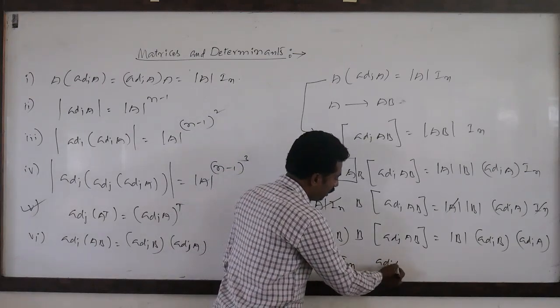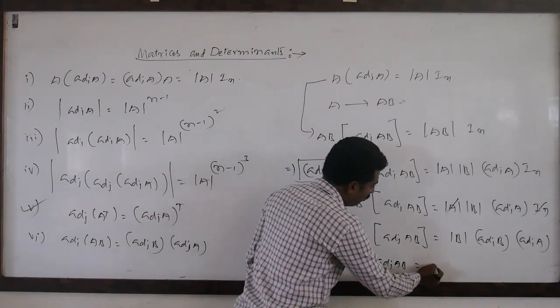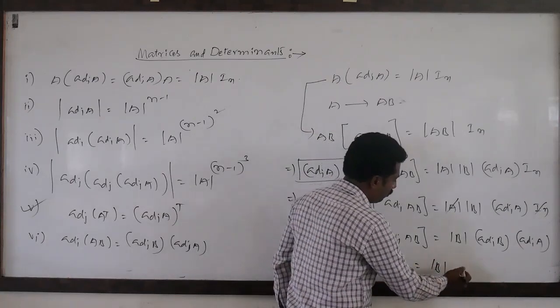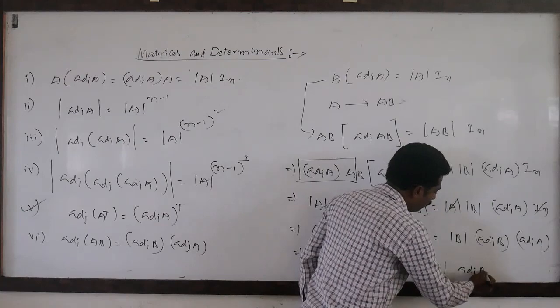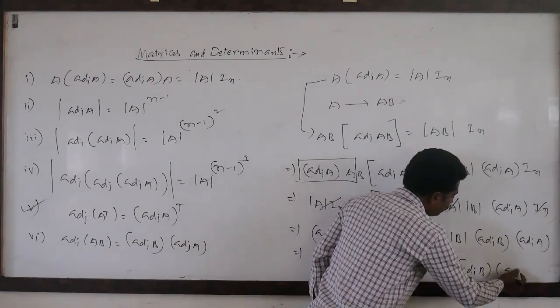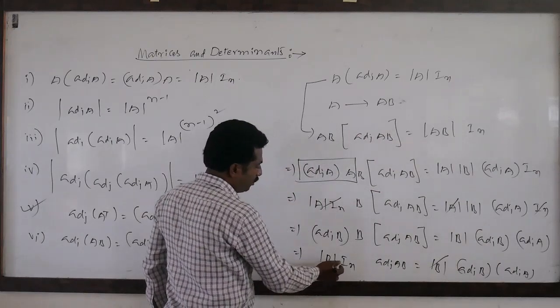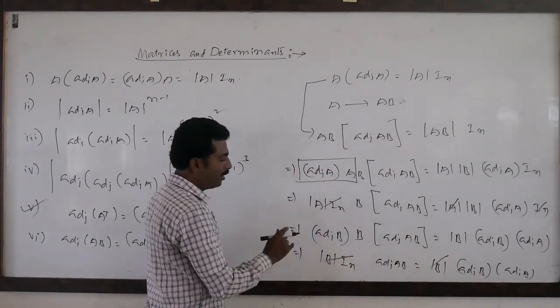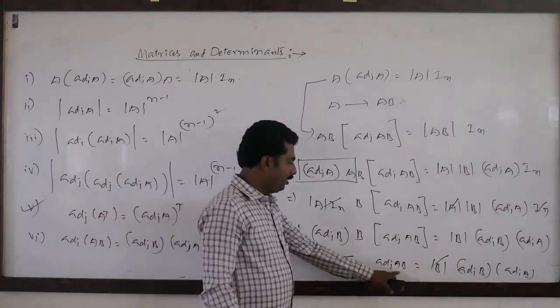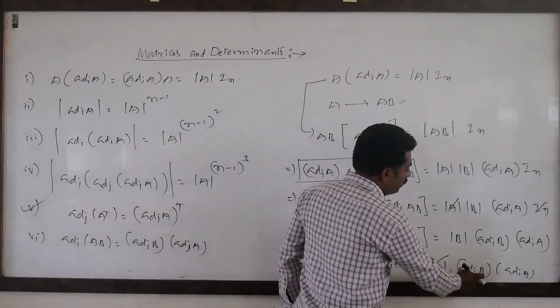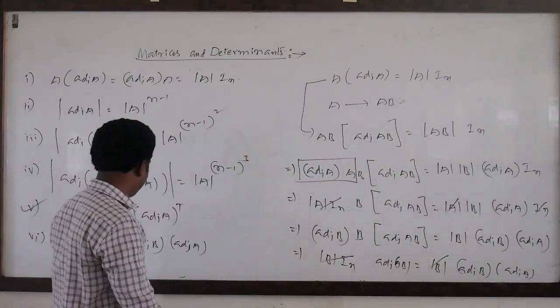So this is determinant of B into adjoint of AB equal to determinant of B into adjoint of B into adjoint of A. So determinant of B cancels, and In into adjoint of A. So adjoint of AB equal to adjoint of B into adjoint of A.